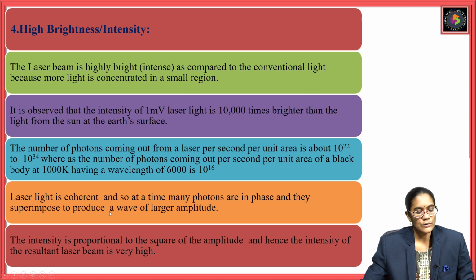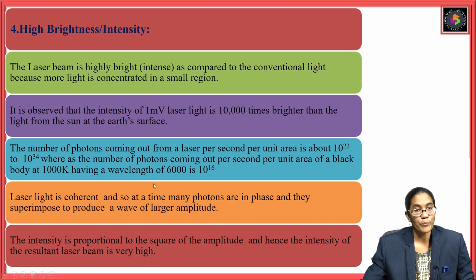And the laser light is coherent, so at a time many photons are in phase and they superimpose to produce a wave of larger amplitude. As we know, the intensity is directly proportional to the square of the amplitude, and hence the intensity of the resultant laser beam is very high. In this way the light coming from the laser source is more intense than other conventional light sources.